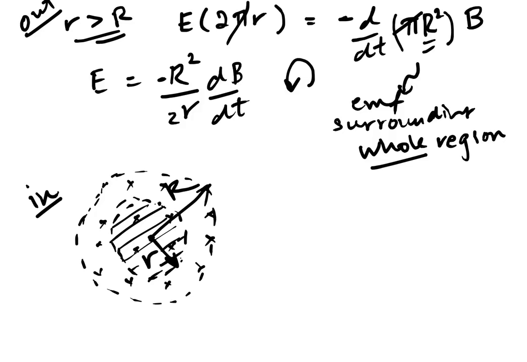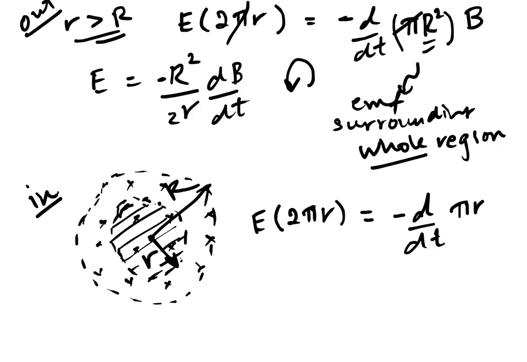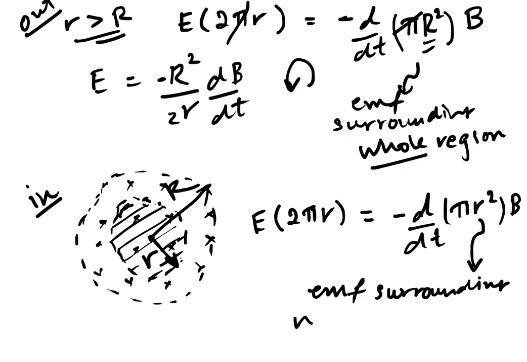From Faraday's law again, we come up with E times 2 pi r equals d by dt, and in the flux part it will be pi r squared B. It will be just the position r because the EMF is not surrounding the whole region, it is surrounding just the region with radius r. So we are not using big R, but small r over here.